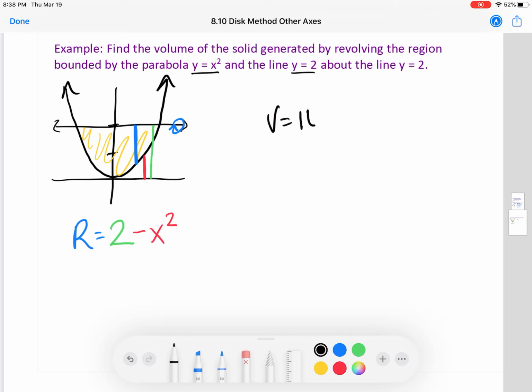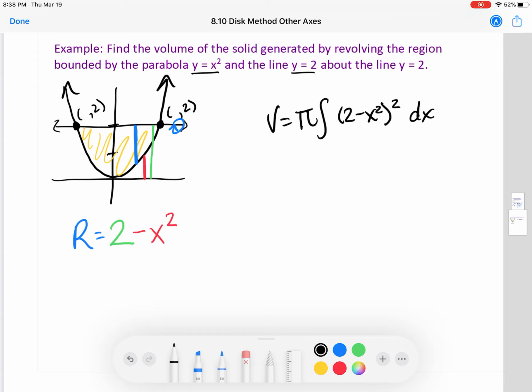So our volume is pi times the integral of 2 minus x squared, squared. The last piece of information that I'm missing are the limits of integration over here. I know that my y coordinate has to be 2 in both of those locations.